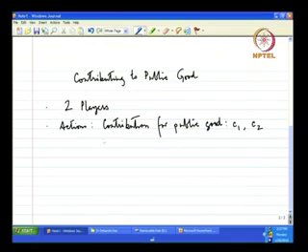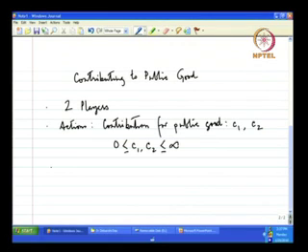What is the nature of this C1 and C2? C1, C2 can lie between 0 and infinity. It can take any non-negative value.